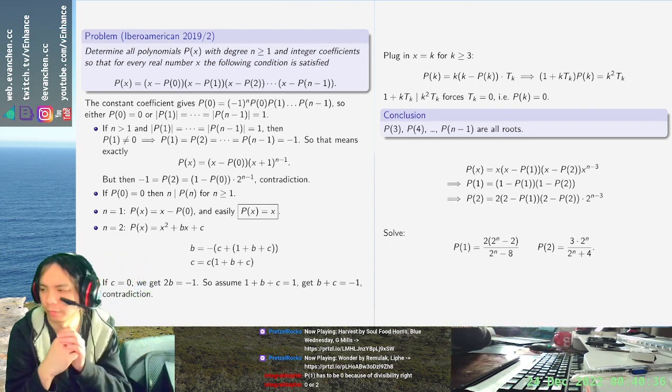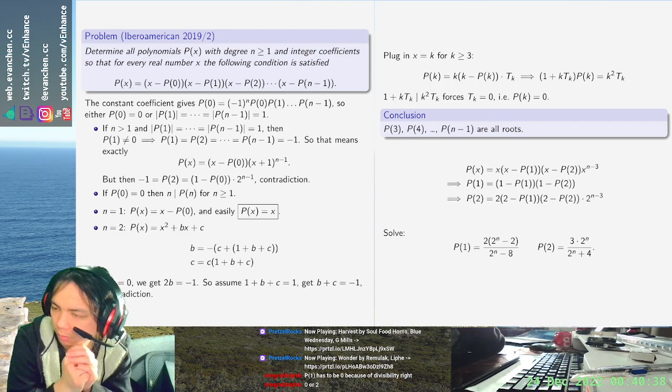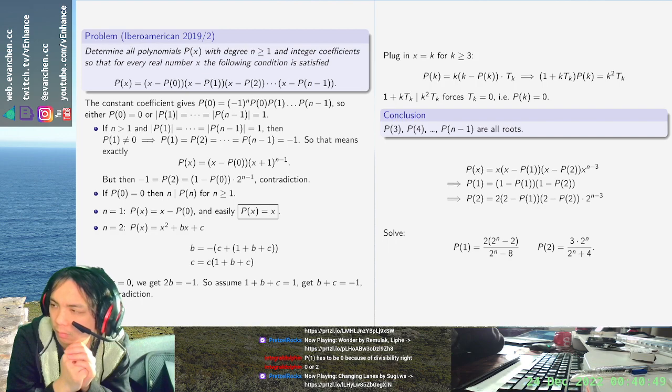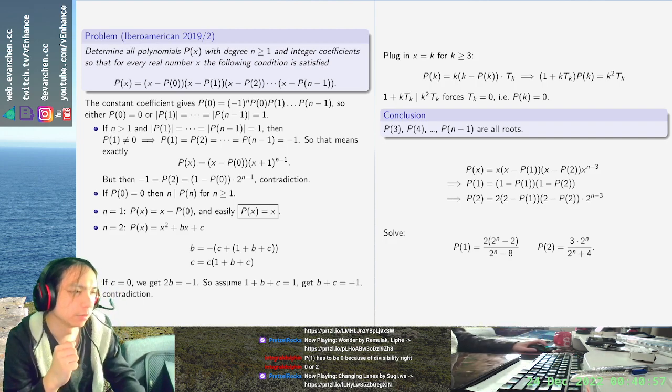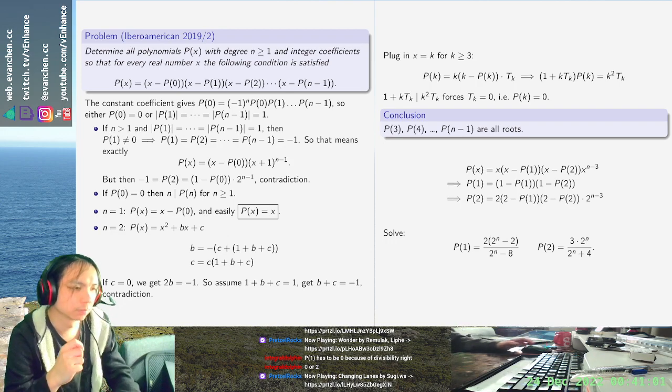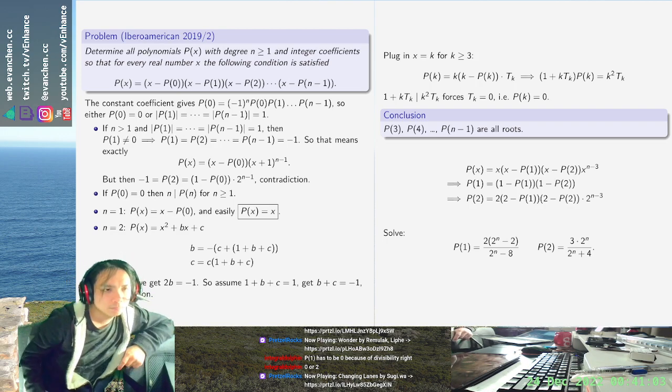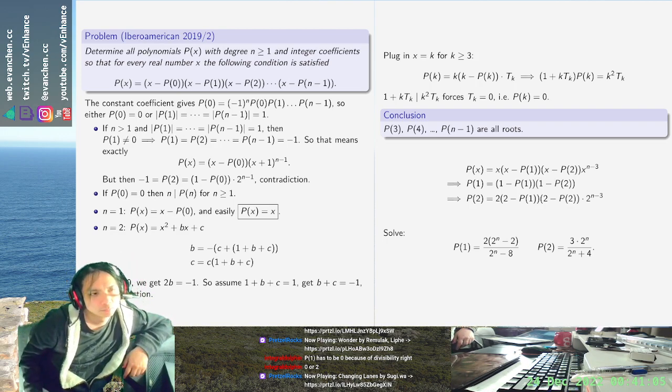P of 1 has to be 0 because of divisibility. I did the calculation for P of 1 just a moment ago. Where'd it go?